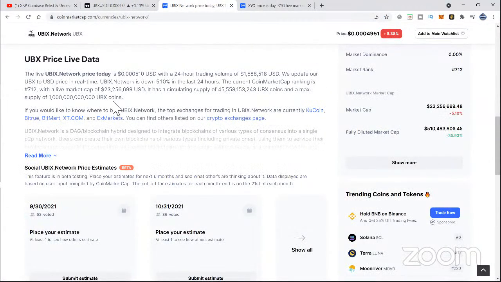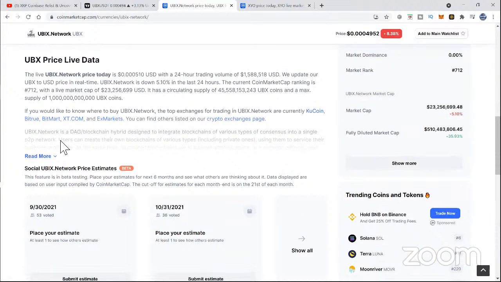Okay, so it's a blockchain hybrid designed to integrate blockchains of various types of consensus into a single P2P network. So it is gonna make an environment where multiple blockchains can integrate with each other. And it's a consensus protocol.